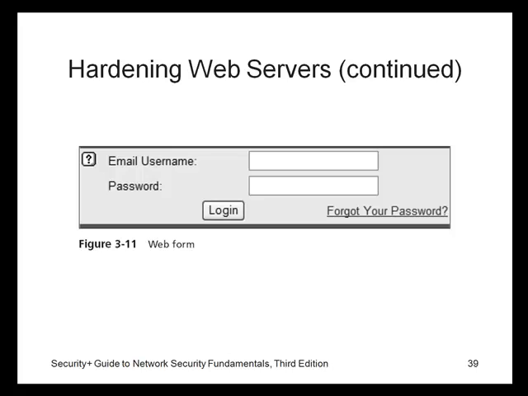Hardening the web servers, forgot your password, and this is one of the ones, by the way, I put the source files for WebGoat in a separate folder in the labs link. It says WebGoat, but it goes through one of those. Forgot your password. What do they ask you for?